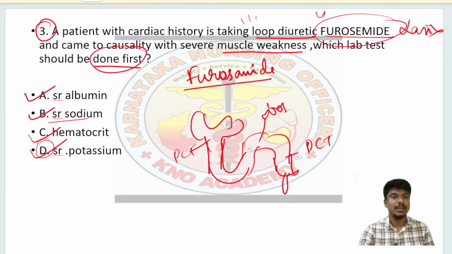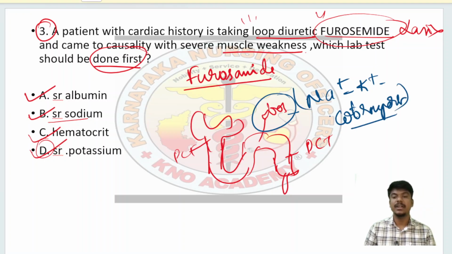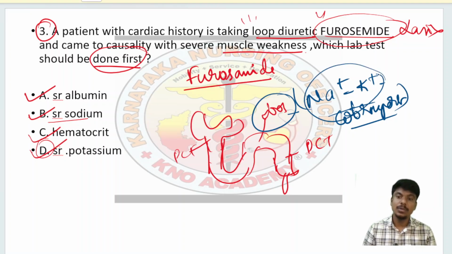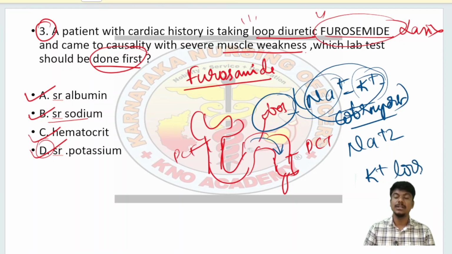Furosemide, Lasix, acts on the loop of Henle, where there is a sodium potassium co-transporter. The loop diuretic Lasix blocks the sodium potassium co-transporter, so there will be diuresis. If the patient is on furosemide, there is a chance of sodium and potassium loss through the urine.